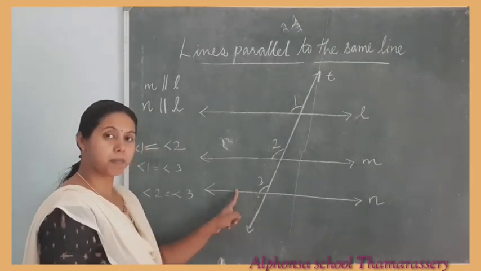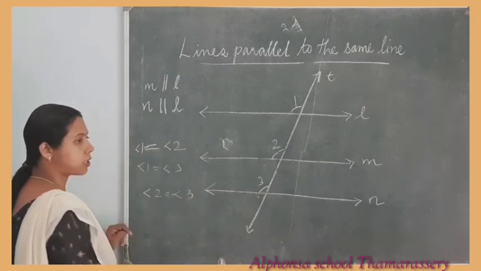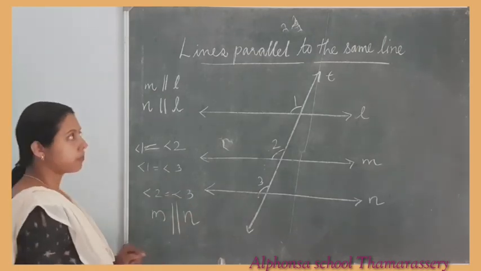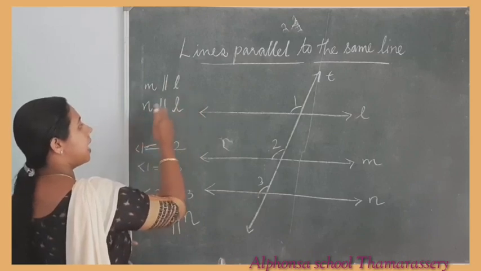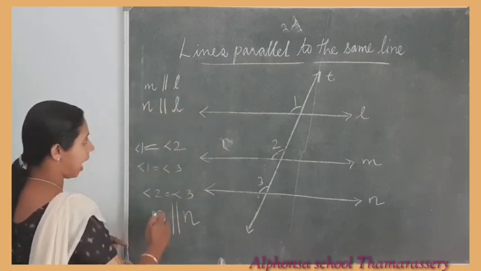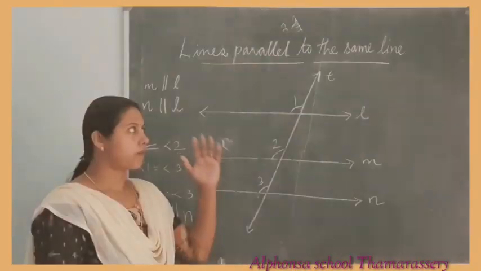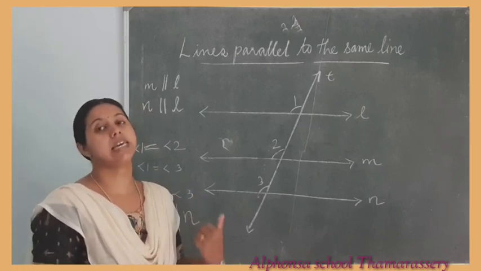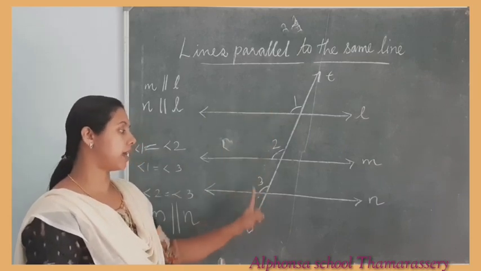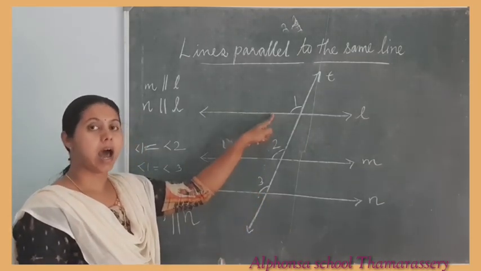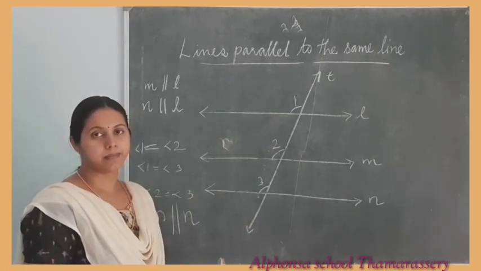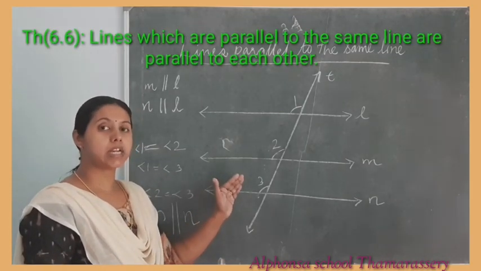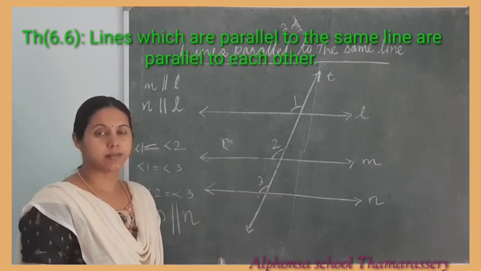So we can say that line M is parallel to line N. Here we know M is parallel to L, N is parallel to L, and now we proved M is also parallel to N. So we can conclude that lines which are parallel to the same line are parallel to each other. That is our theorem, theorem 6.6.